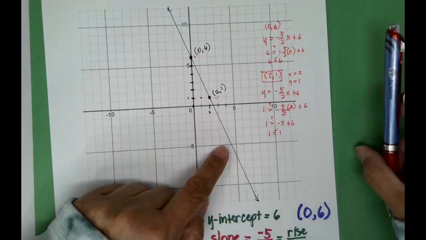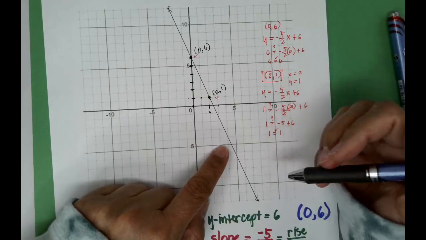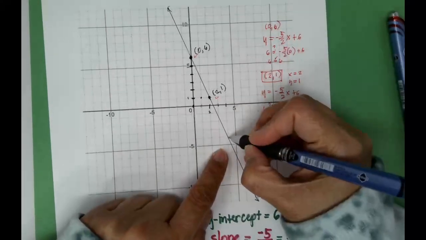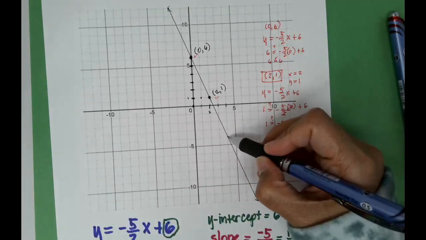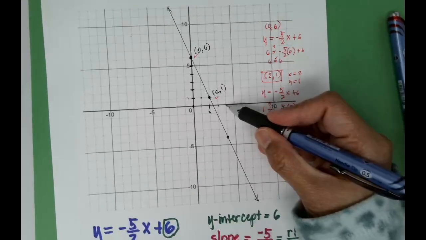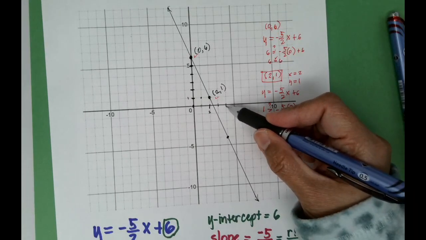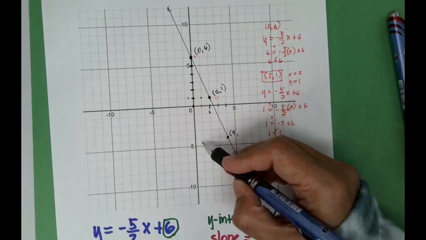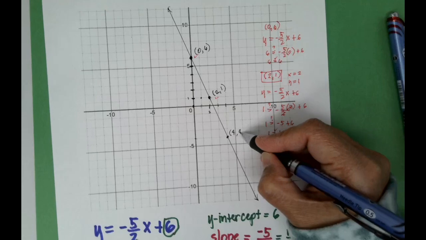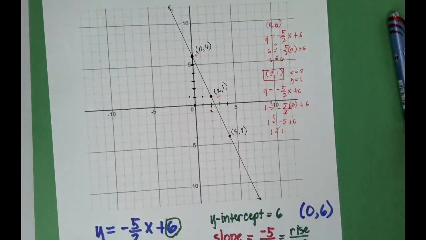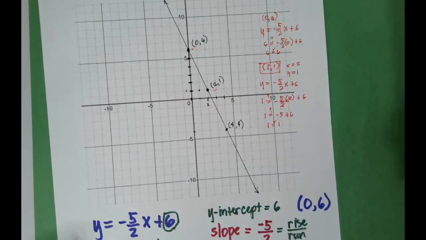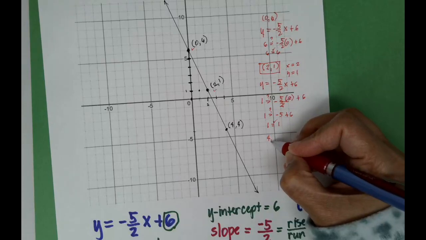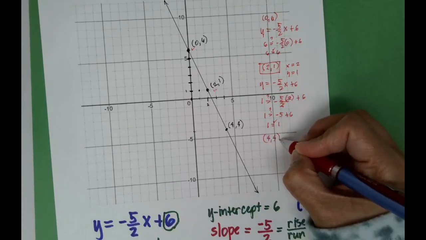Let's find another point that is exactly on the line. Maybe this point here. I see this is 4, so x is 4, and over here y is also 4, so (4, 4). Let's find out if the ordered pair (4, 4) is a solution.